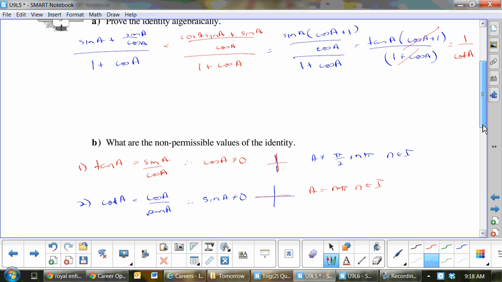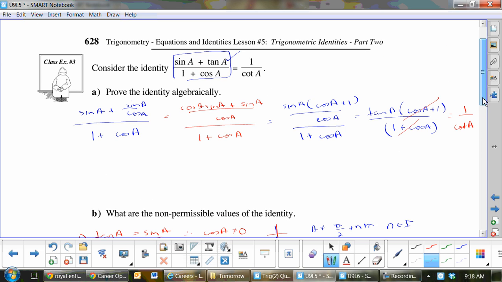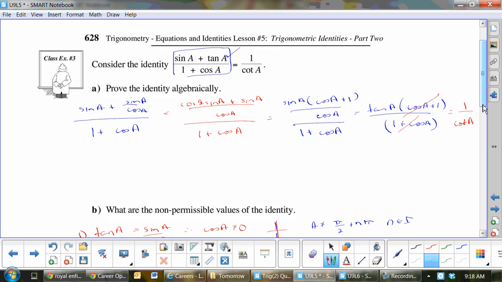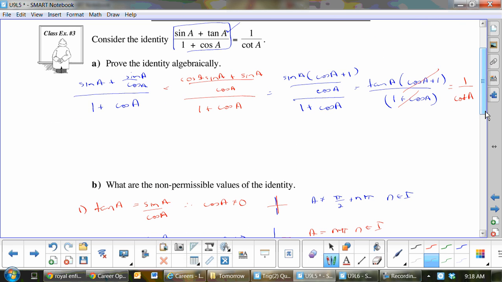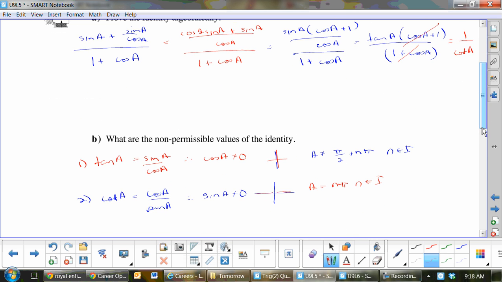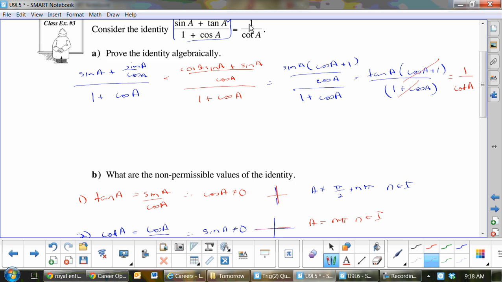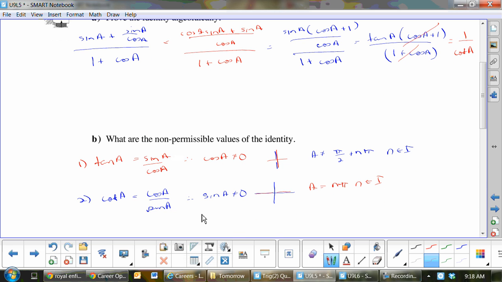Okay, now cotan A can also, what would be bad is if cos A equaled 0 too, wouldn't it? Because then that'd be 1 divided by 0. But guess what? I already covered that one. Does everybody get why cos A cannot equal 0?